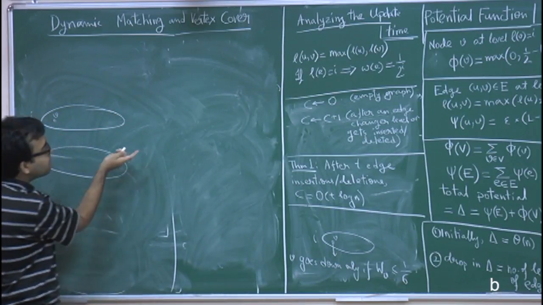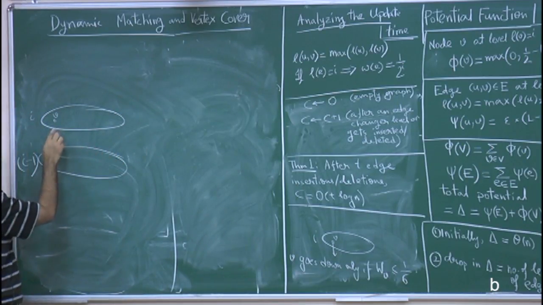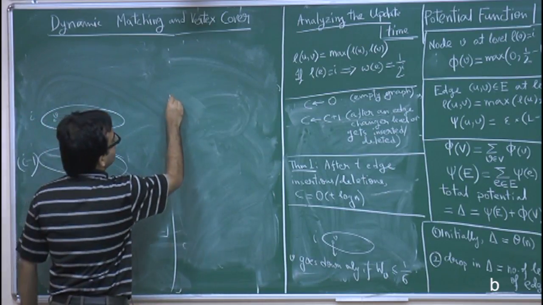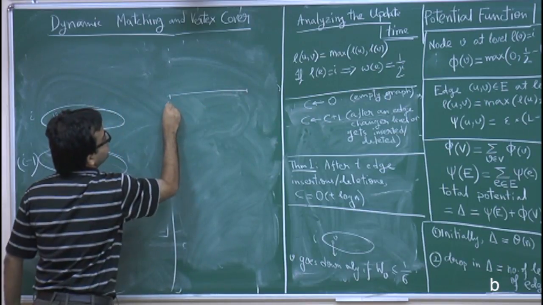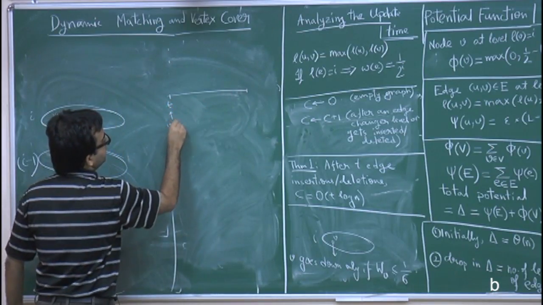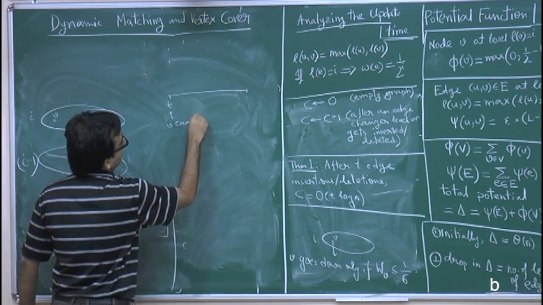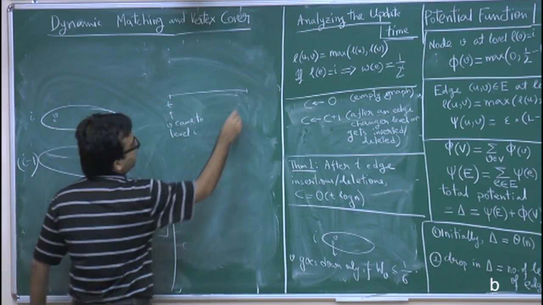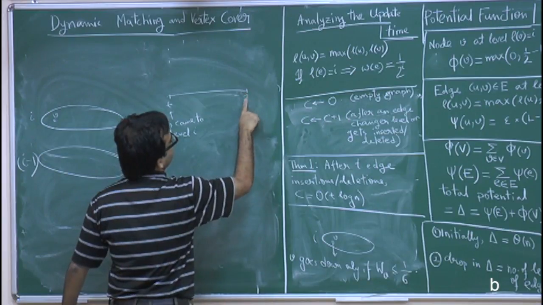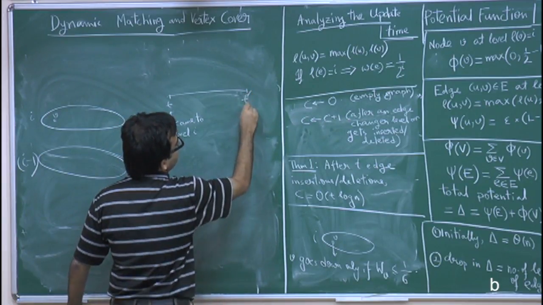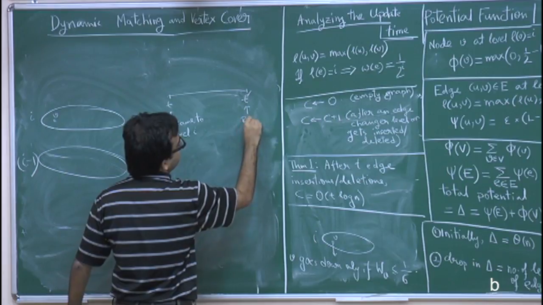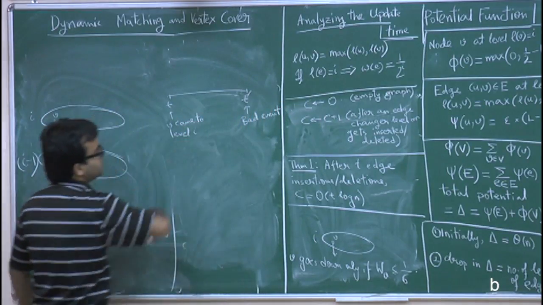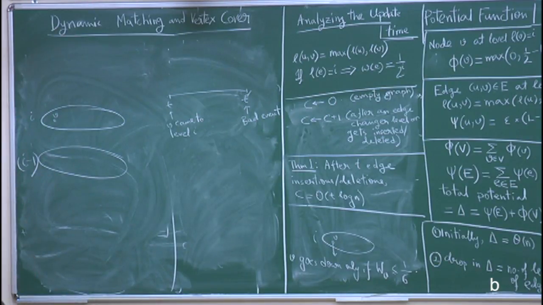Now, look at the previous time instant when V came to level i. Suppose t is the time instant when V came to level i, and now we are looking at time step t prime where this bad event is occurring. So V is coming down to level i minus 1.